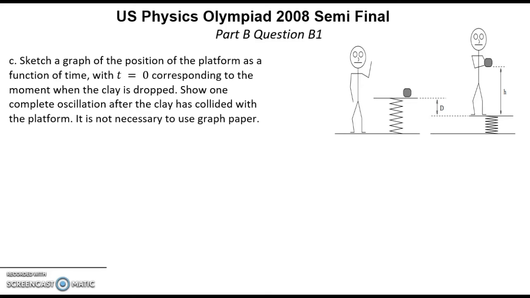So let's see. If we have a very small amplitude for the platform oscillation, this graph looks like this, and we see that the clay will never cross the platform before the lowest position.